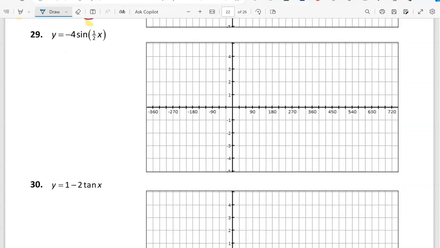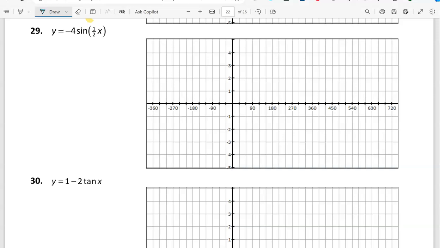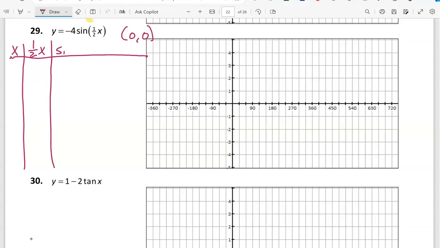For number 29, we have y is equal to negative 4 times the sine of 1/2 x. There's no addition or subtraction associated with this one, so we're just working with the new origin, which is the old origin. Let's make a table of values. And our table columns would be x, 1/2 x in parentheses, and then sine of 1/2 x, and then lastly, negative 4 times the sine of 1/2 times x.